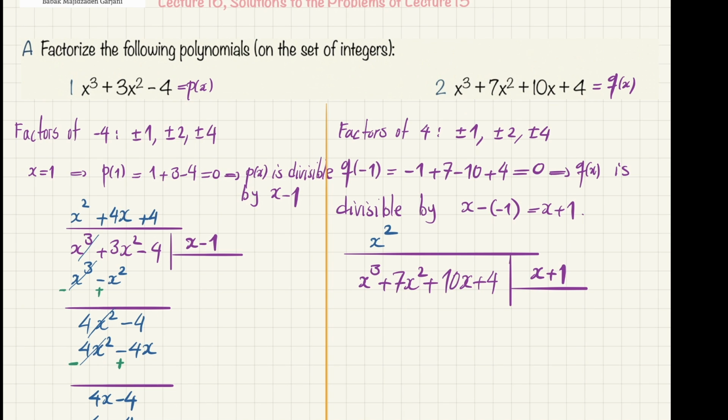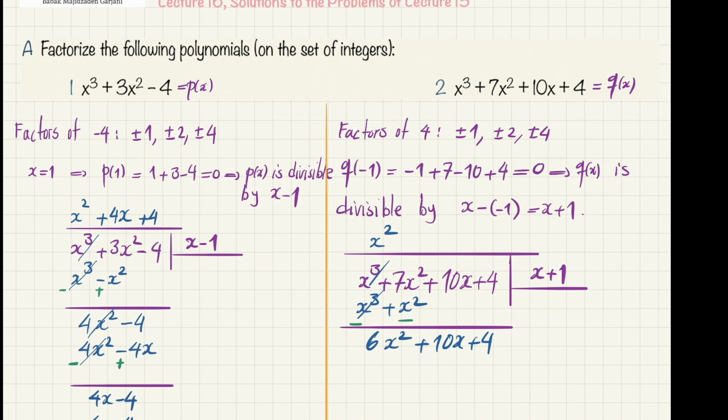I multiply it here and write it here, so it becomes x cubed plus x squared, but I am supposed to change the signs, and then I need to add them. So when I add them, the first term cancels, and then I have minus x squared plus 7x squared, which will give me 6x squared. Then I will bring 10x down and positive 4 as well.